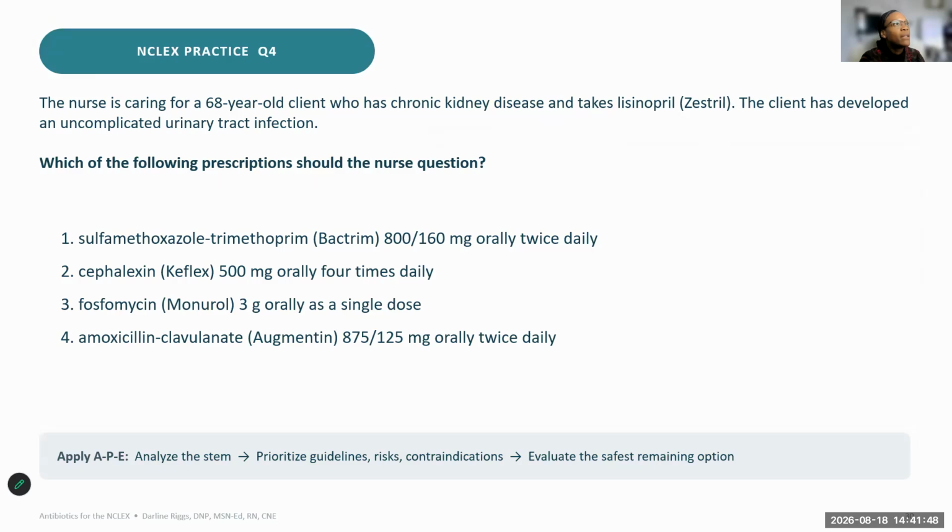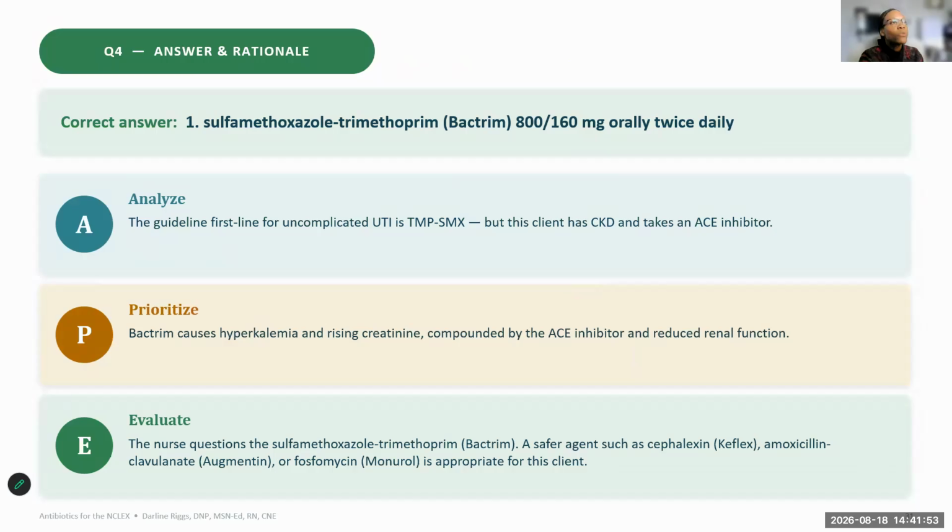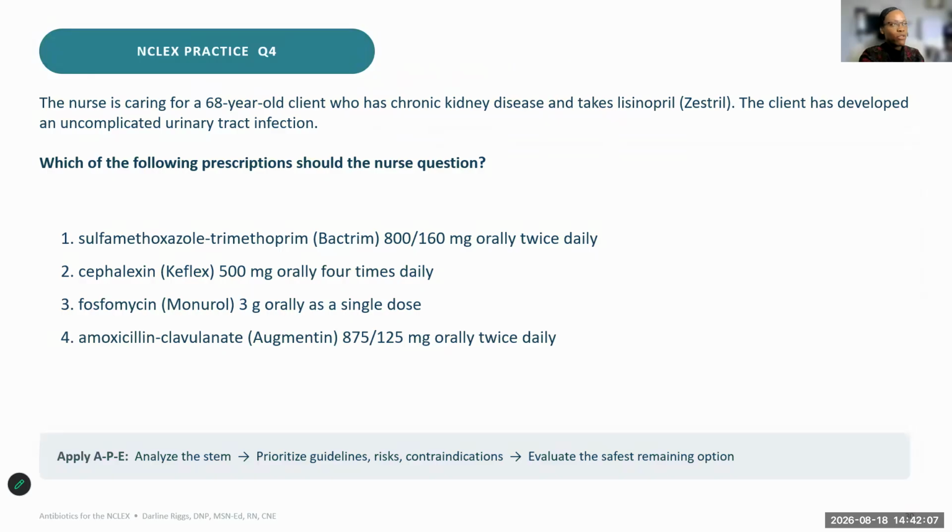Let's go back. Hold on, we're questioning this one. Oh, you see, I had to go back. Yeah. Okay. So yeah, we're questioning the Bactrim, but the option you would choose to give the client would be your Augmentin, but question the Bactrim because of the ACE inhibitor.